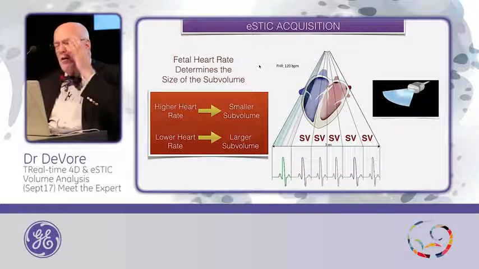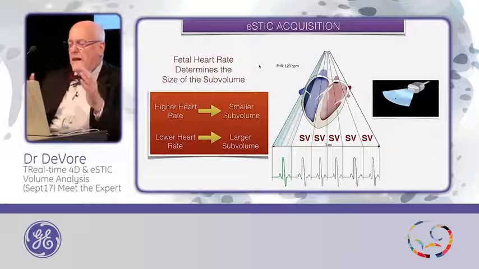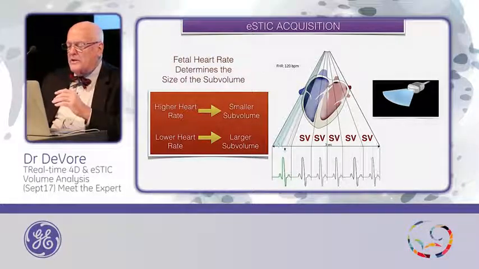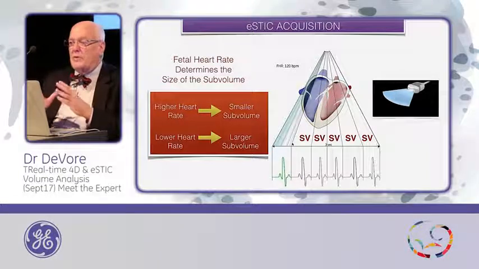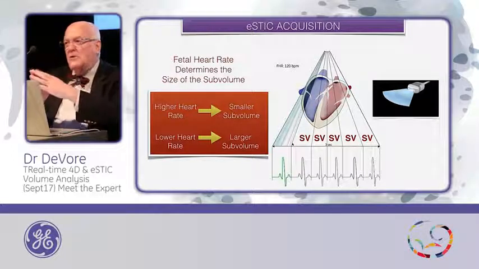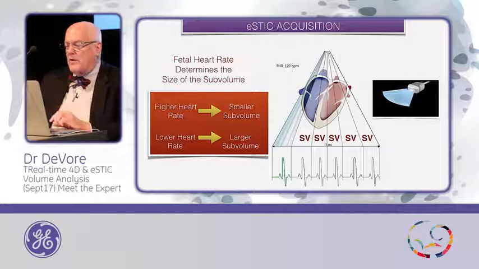So once it knows that heart rate, it then says, okay, if I have a fixed heart rate, or the interval between heartbeats, how big can I make my acquisition volume, which means it's acquiring data simultaneously in that area. It's called a subvolume.